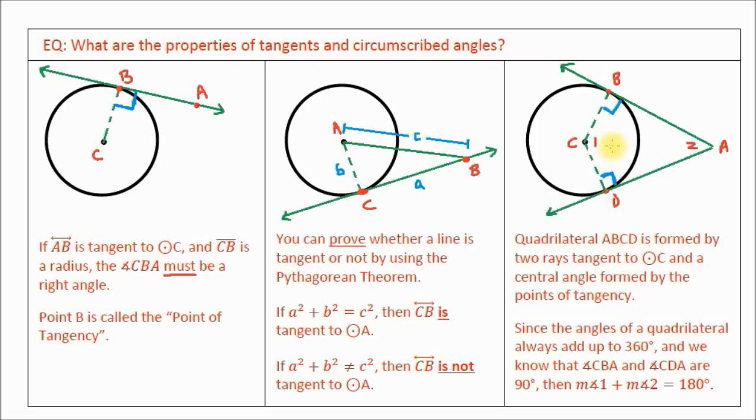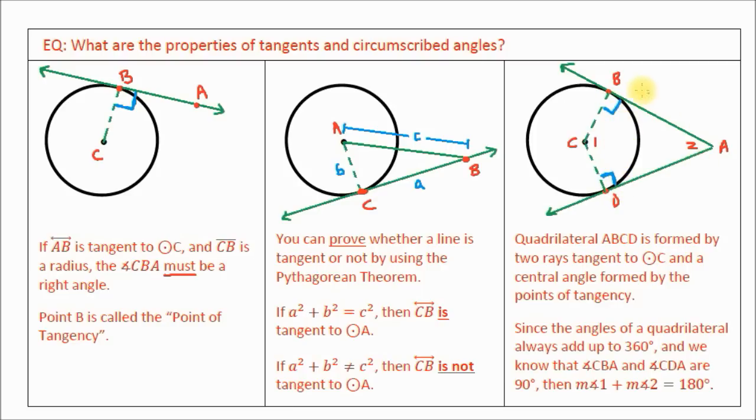So here's the property that's interesting. Since the angles of a quadrilateral always add up to 360 degrees, now class, you know the angles of a triangle add up to 180. You should remember from last year that the angles of a quadrilateral add up to 360. Since we know that's true, and we know that angle CBA and angle CDA are right angles, think about it: 90 plus 90 is 180.